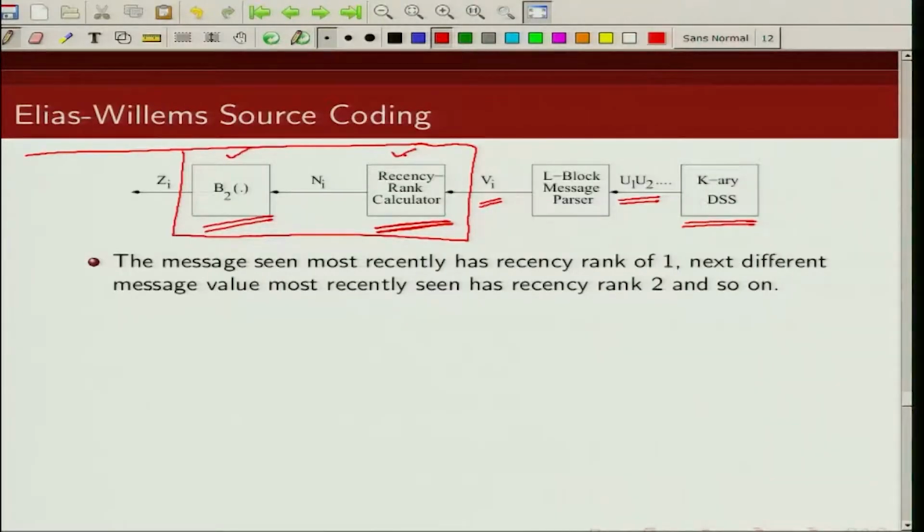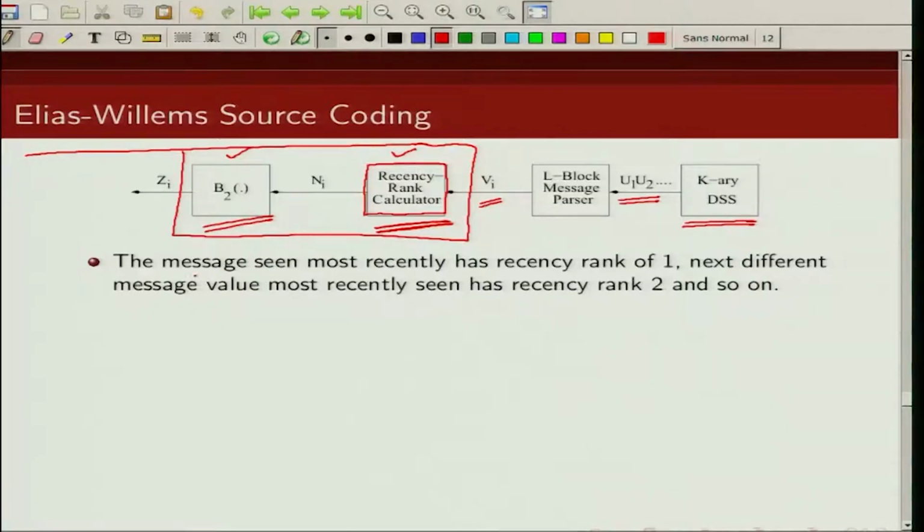Okay. So we are using a prefix free code, however, we are exploiting the memory of the source, and we will tell you in a little while what we mean by recency rank.